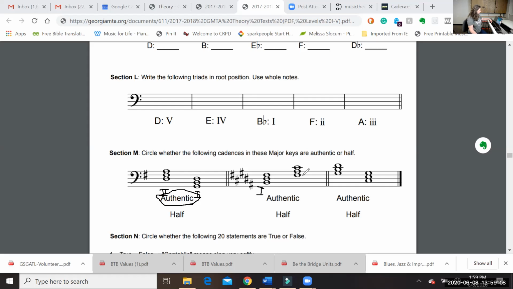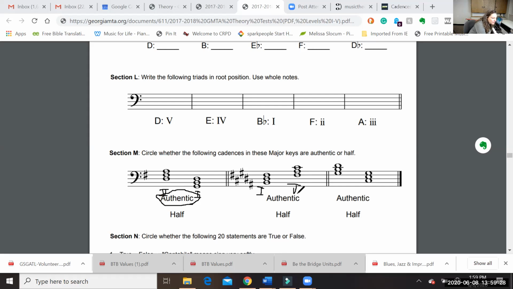My 4 chord is built on the E. My 5 chord is built on the F sharp. And so indeed, I have a chord progression here of 1 to 5.